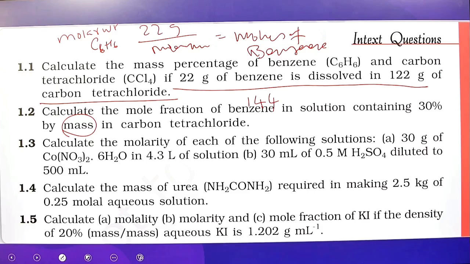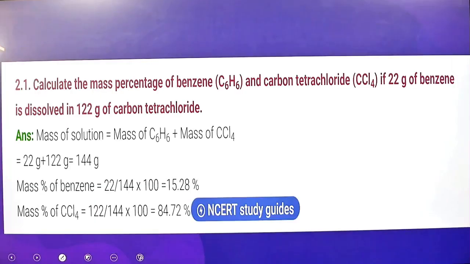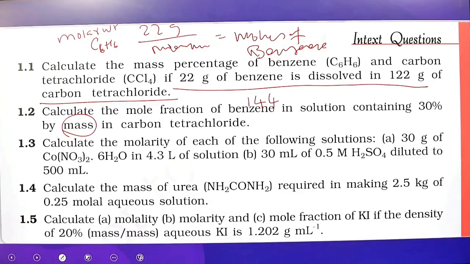So, do you know the molar weight of carbon tetrachloride? CCl4, C6H6 is 78 gram, CCl4 is 154. To help you, I want you to make thorough of all the popular atomic masses.